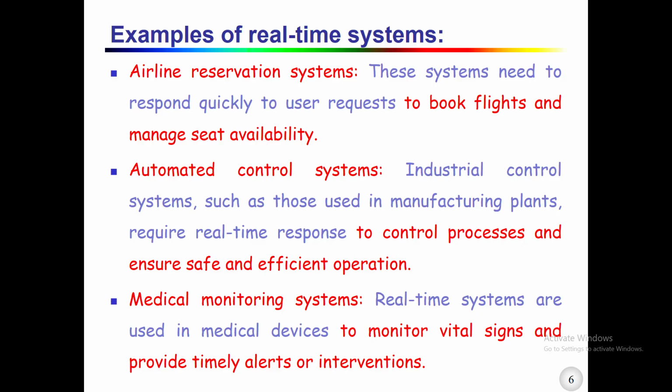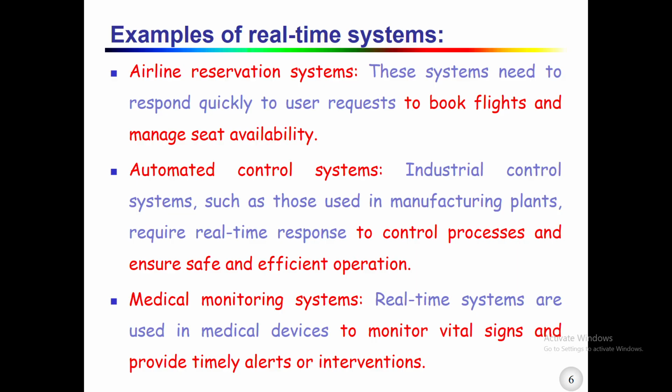Another is the automated control system. Mostly in different industrial control systems, we can use these technologies, like in manufacturing plants, which require real-time responses for controlling different processes and ensuring safe and efficient operations. So we use automated control systems in different industries.